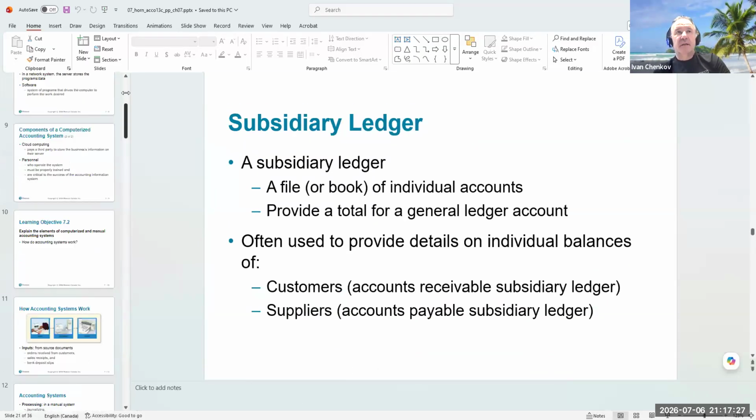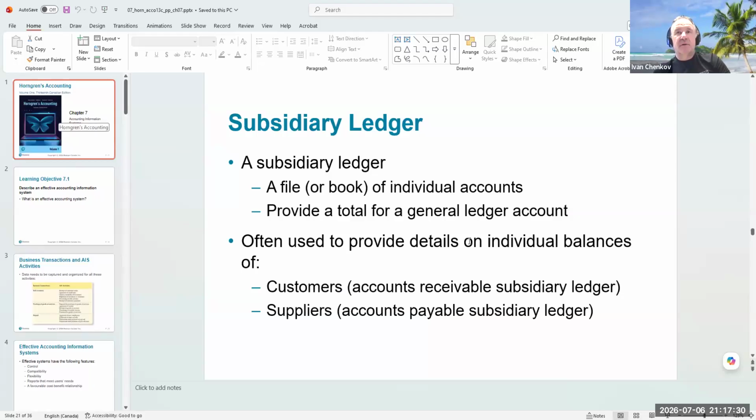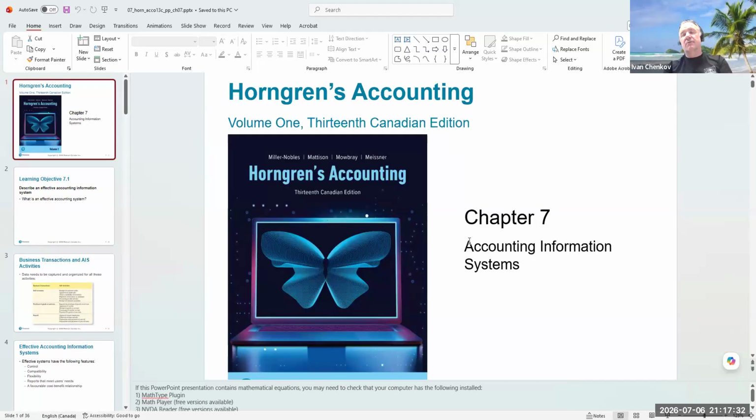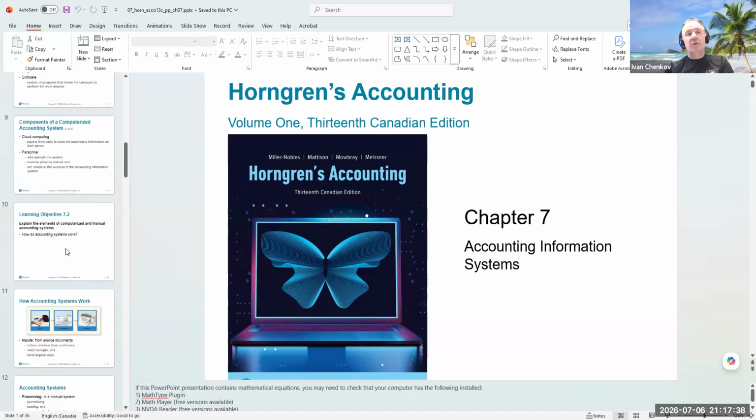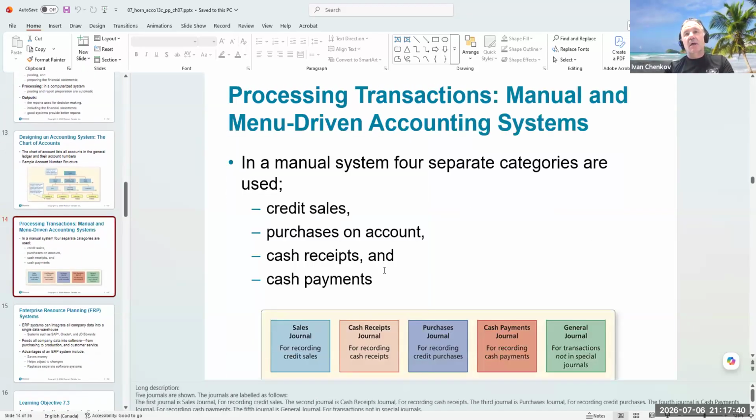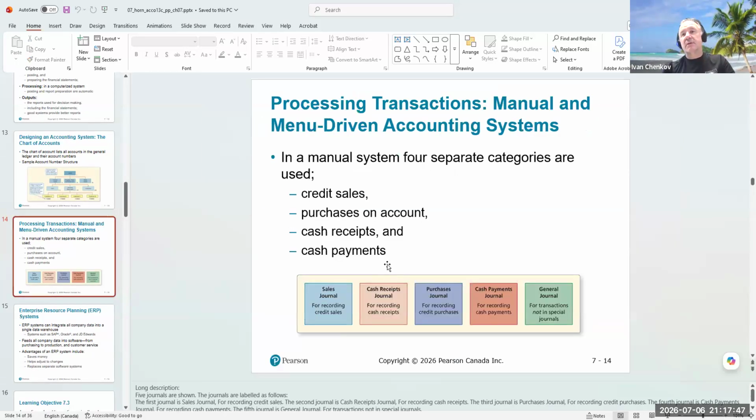Again, the chapter is very light, explaining the accounting software and accounting information system. So I don't expect you to have problems with this. The questions related to this chapter are limited to: if you have a certain transaction, on which journal you're going to post it.